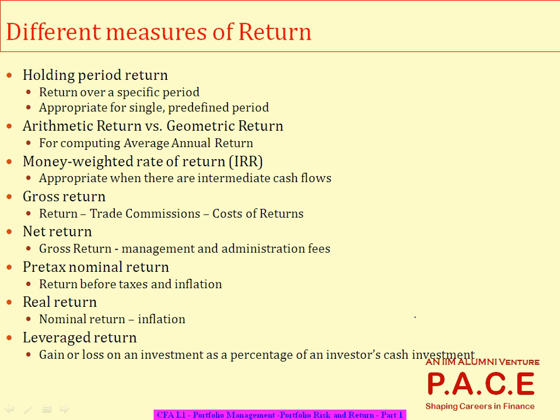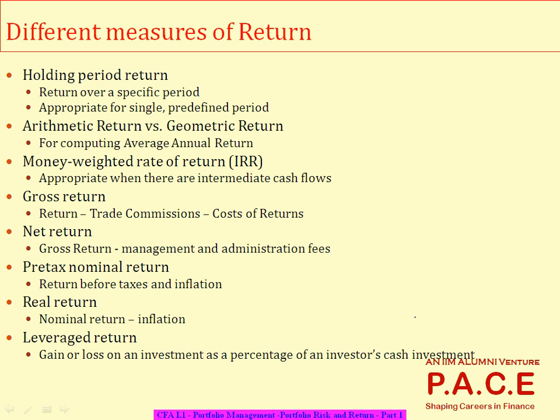The other forms of returns typically to look at: one is a gross return, which is more like whatever is the profit I got on this investment, any investment I am doing, whatever is the profit I got, minus the commissions that are involved in it, because any buying and selling, there is a brokerage charge. The brokerage charges that are involved in it, and any kind of selling costs.